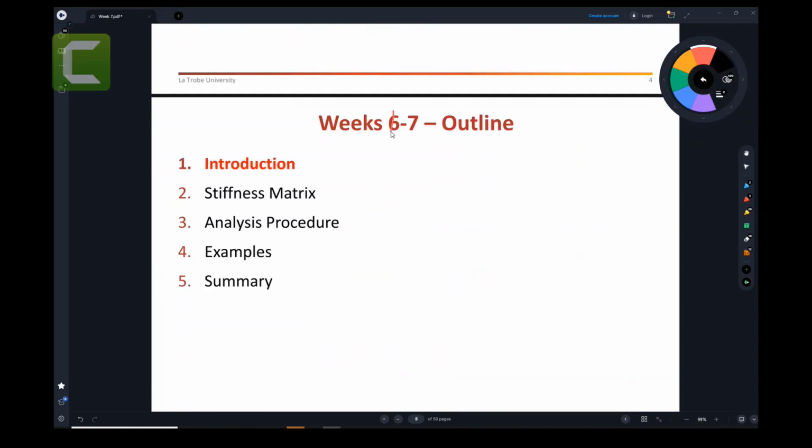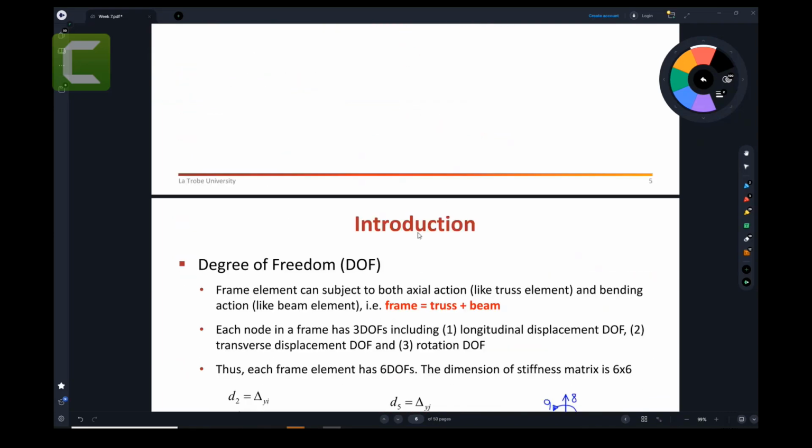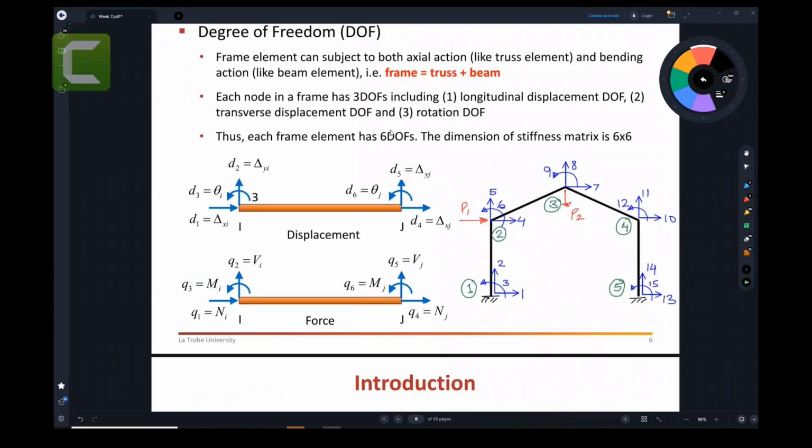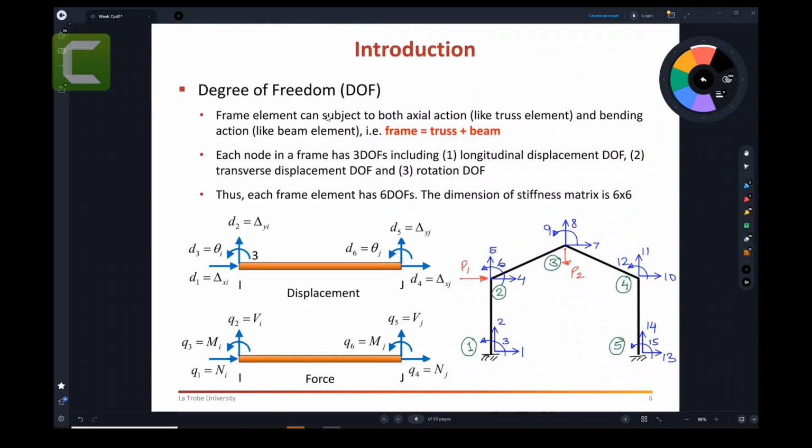All right, so again, this is week 7. I will fix that. All right, so that's degrees of freedom. Now you remember degrees of freedom.